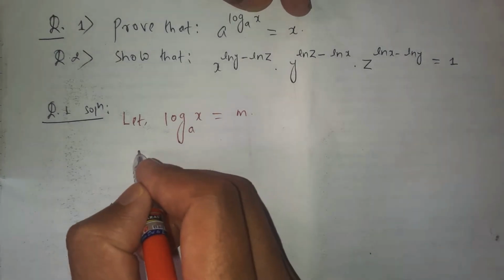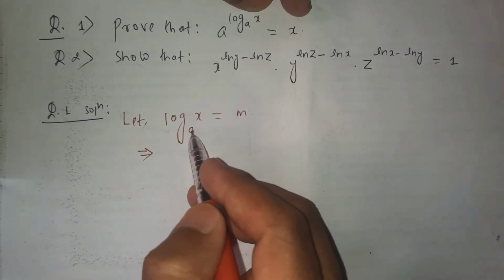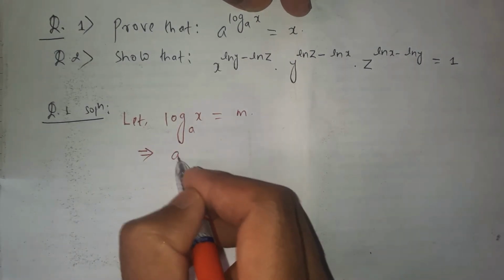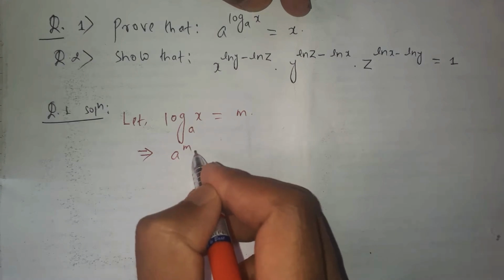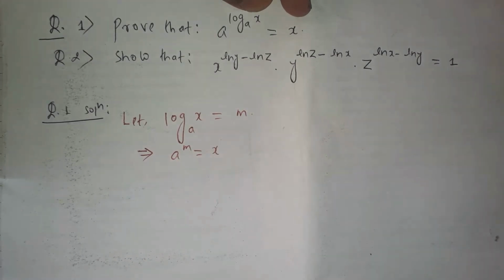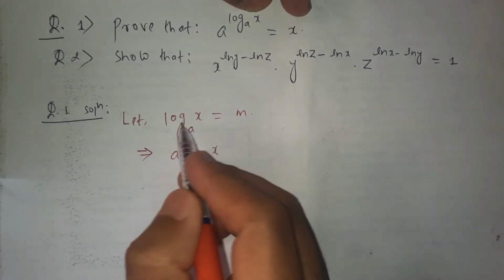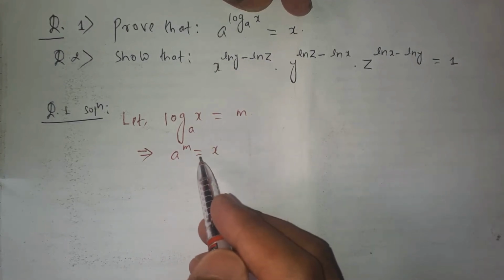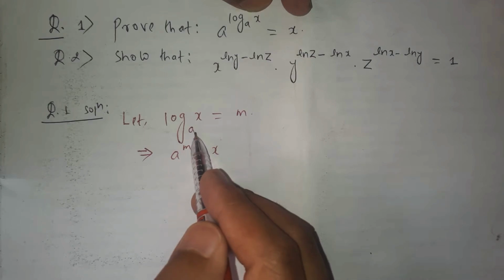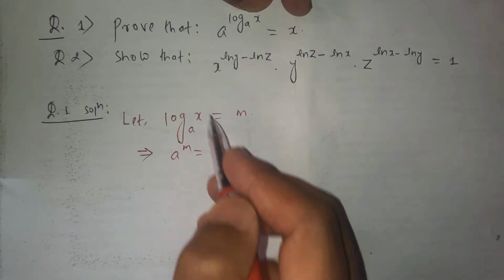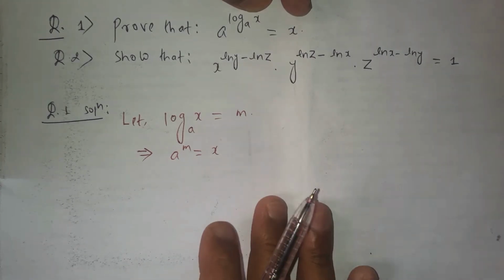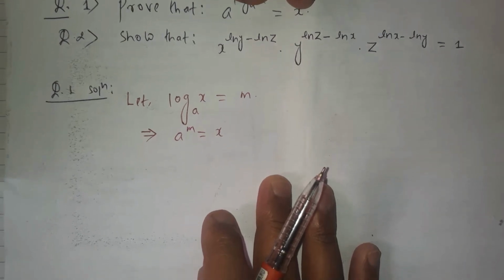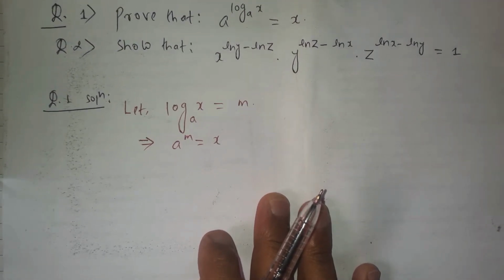This means that a to the power m gives x. This is written in logarithm form, and its equivalent in exponential form is a to the power m is equal to x. This is the exponential equivalent of the given logarithm.